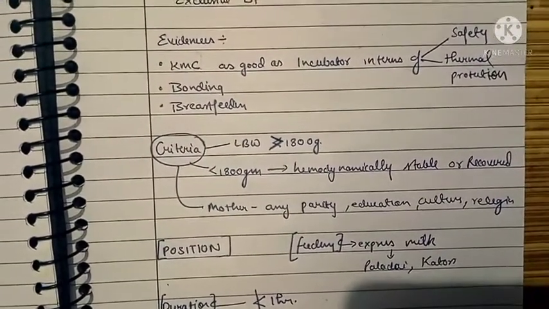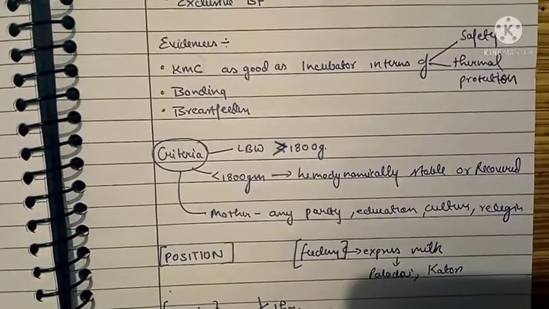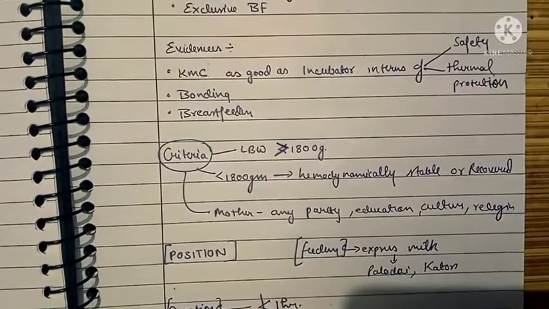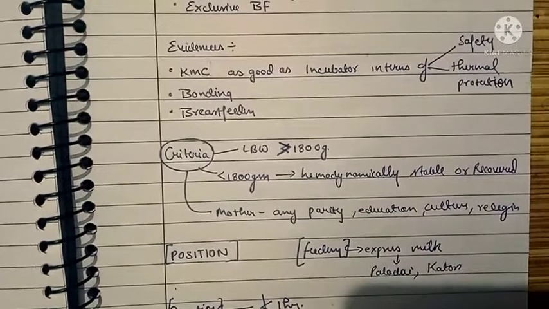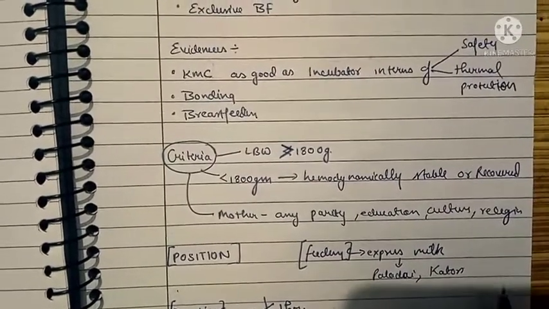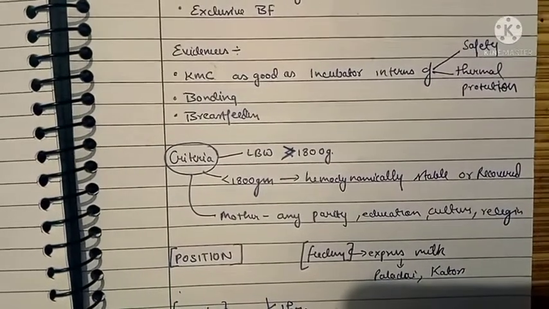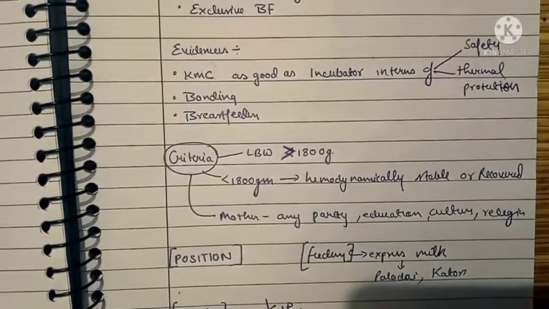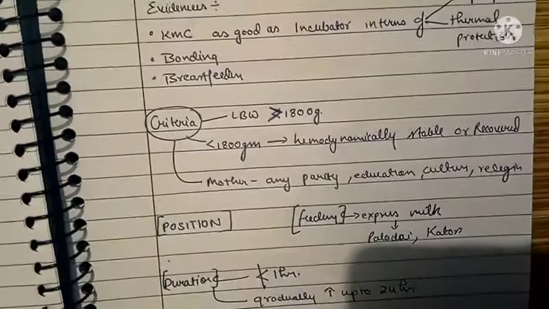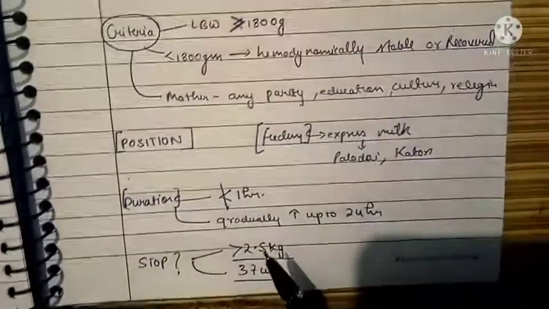Only when the baby has to change diapers do we separate the mother from the baby. Otherwise, we make it as possible as we can so that the mother and the baby are always in contact. The duration we have already discussed.